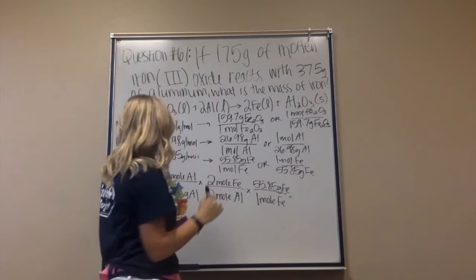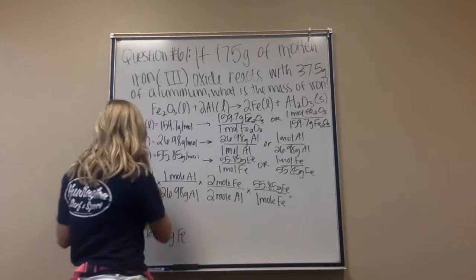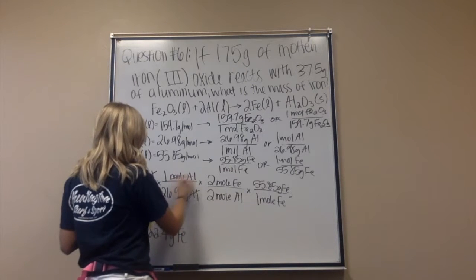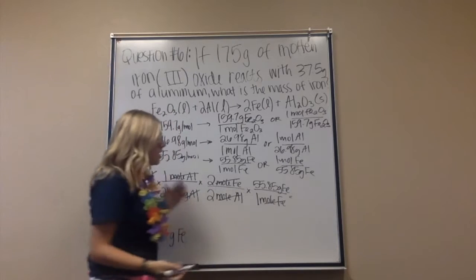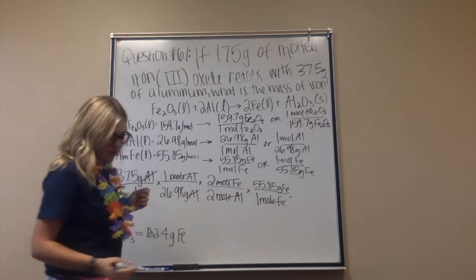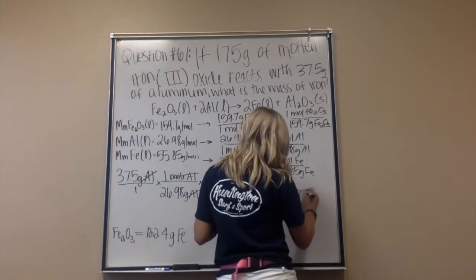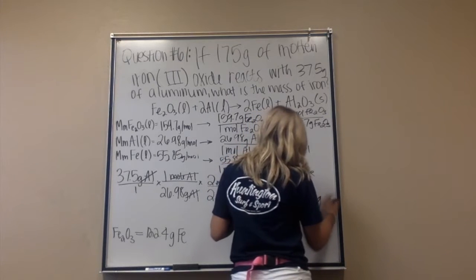Then we calculate all of that, canceling out the units because they're all the same, so that you ultimately end up with grams of Fe, and the total for that one is 77.6 grams of Fe.